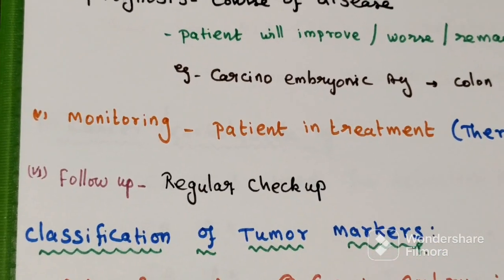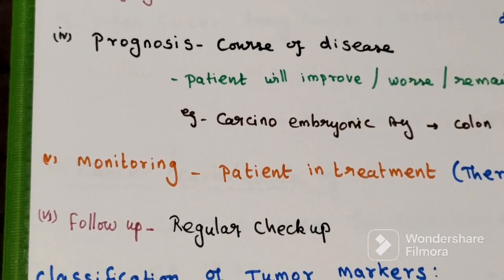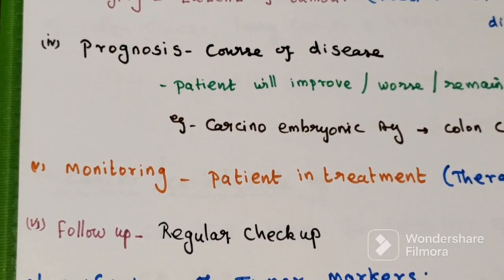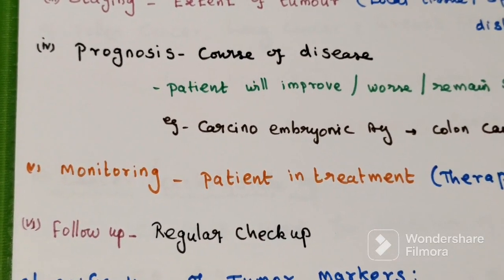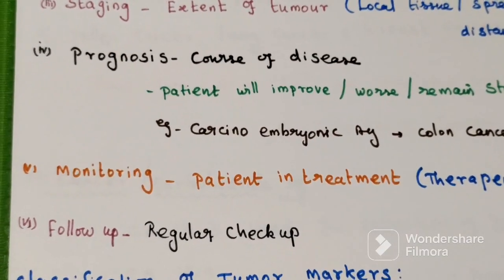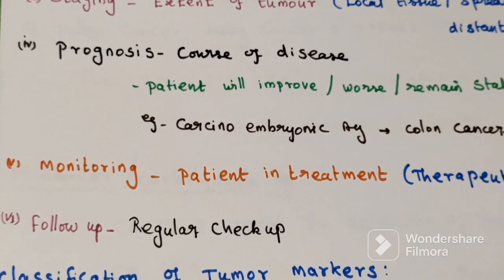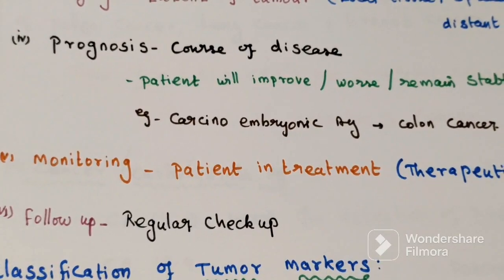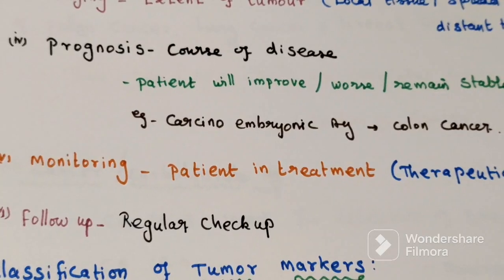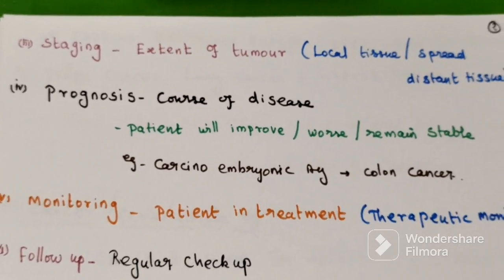So tumor markers are used for screening, diagnosis of disease, staging of cancer, prognosis of disease, monitoring of the patient in treatment, and regular follow-up. These are the uses of tumor markers.